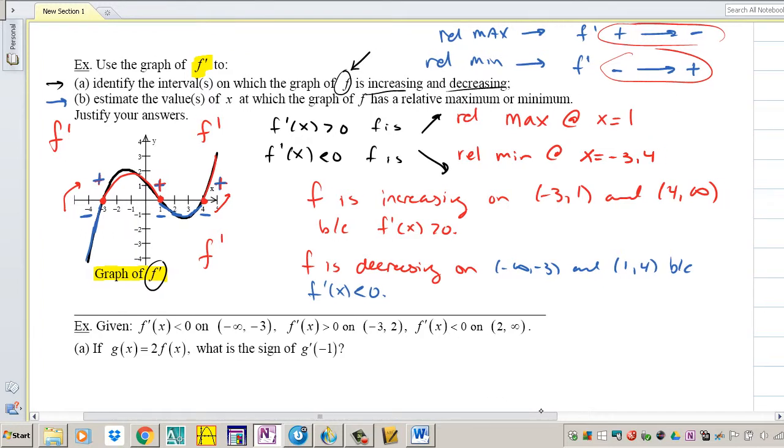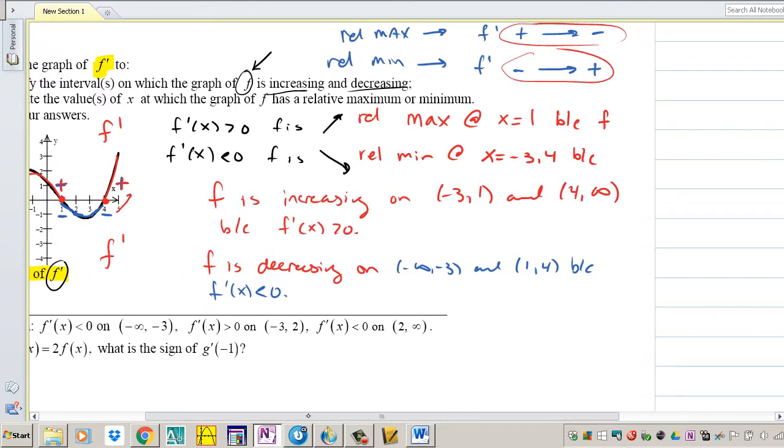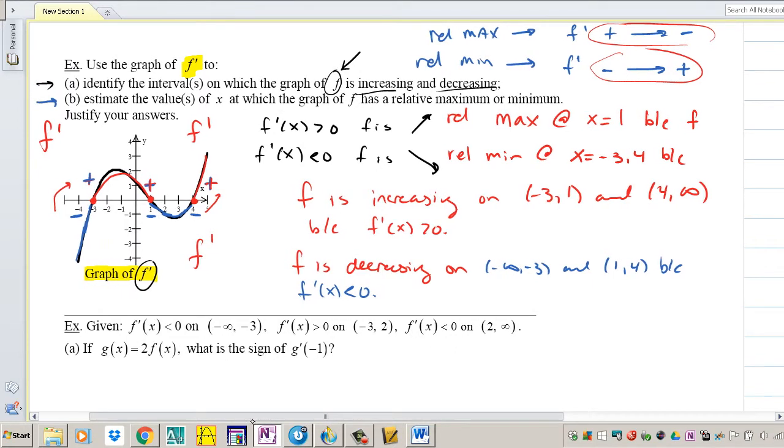And then we have to provide a rationale for these. So relative max, because, and I'm going to be very concise, because I'm also running out of time. Now don't say because f has a maximum or any other reason. You have to provide evidence of what's given to you.